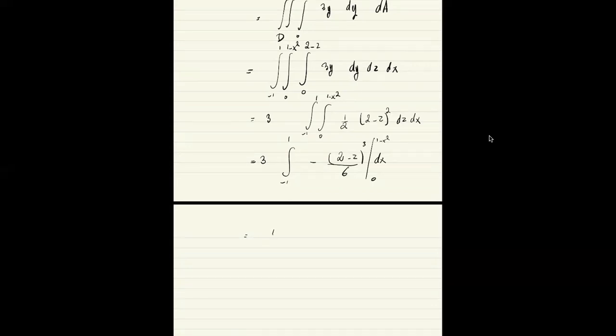If you do it carefully, it'll give you 1 over 2 times the integral from minus 1 to 1 of 8 minus cube.